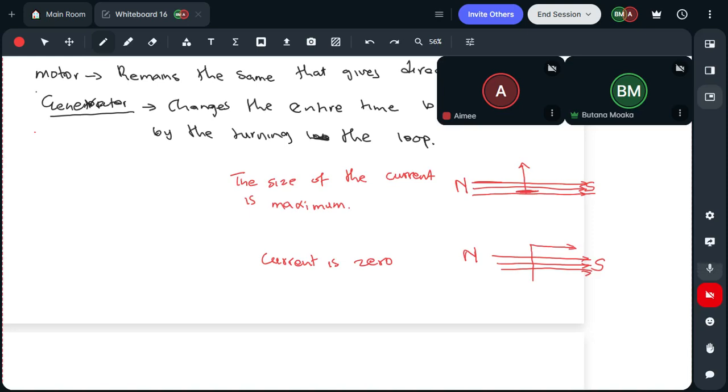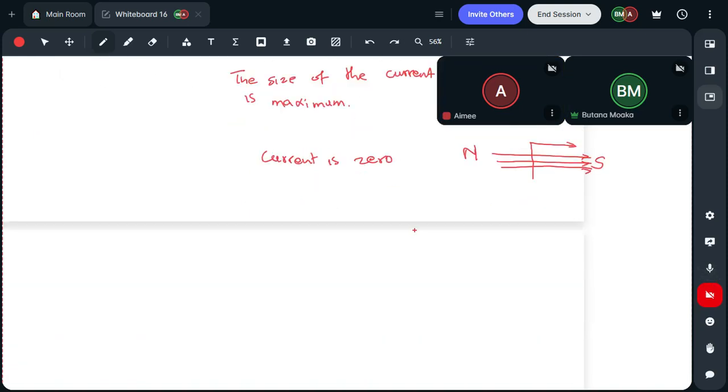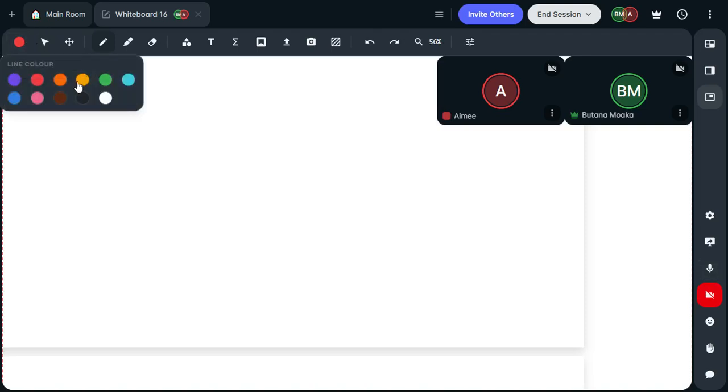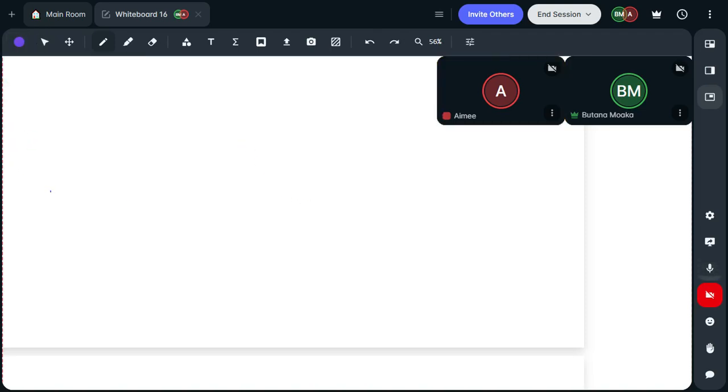Okay, so now when it comes to the current, sometimes we can also look at whether this is a direct current generator or an alternating current generator. Let's do the direct current generator. For a direct current generator, we recognize it by the split ring.